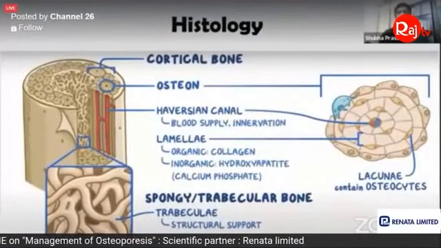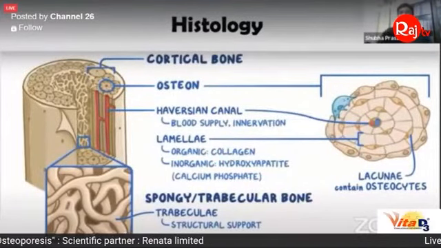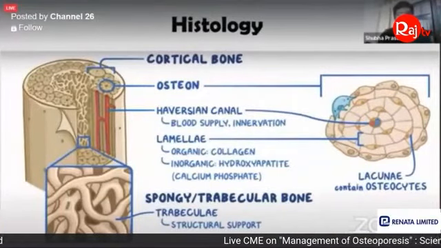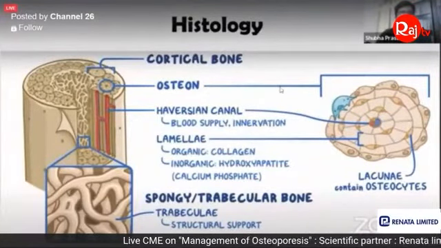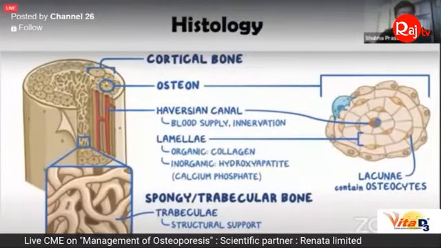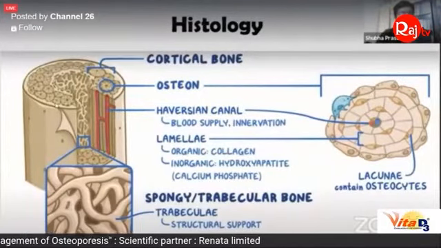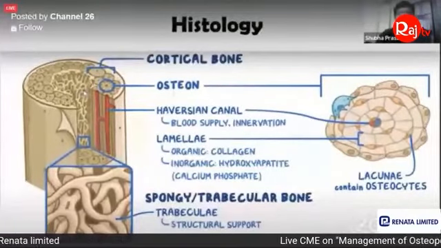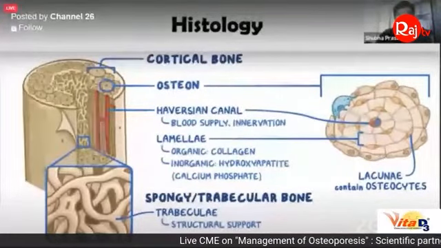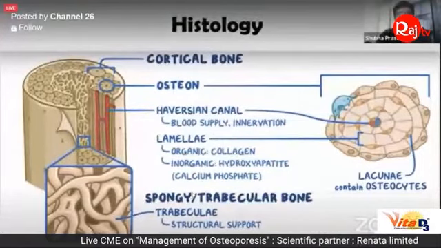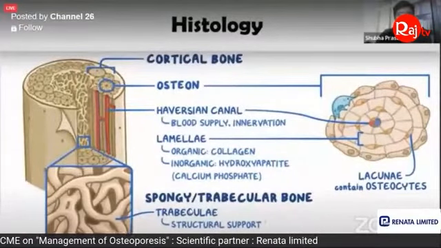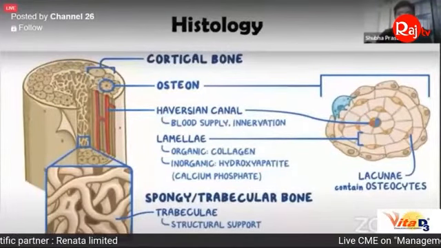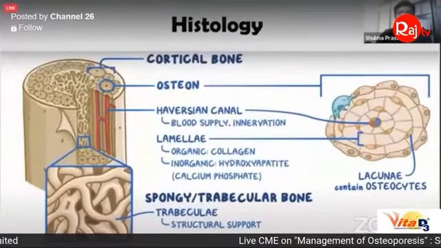When we go to the basic structure of a bone, there is an external hard layer called cortical bone, and a soft internal layer named spongy bone or trabecular bone. The trabecular bone is composed of trabeculae, the structural beams that form the framework of spongy bone.